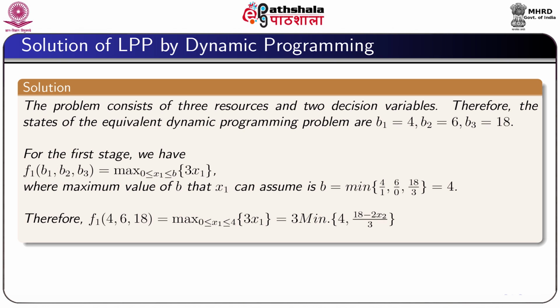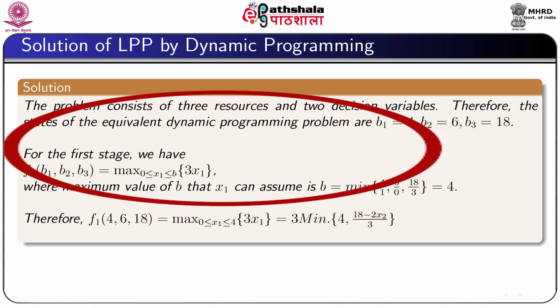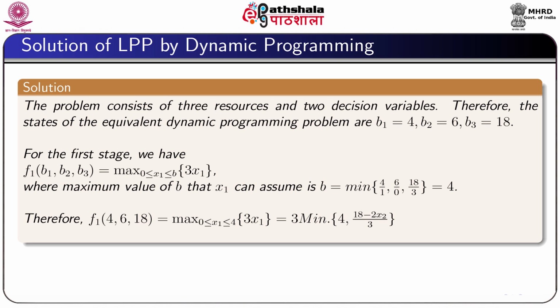Therefore, for the first stage we have f 1 of b 1, b 2, b 3 equal to the maximum of 3 x 1. So, we will consider only x 1 in the objective function, not x 2.